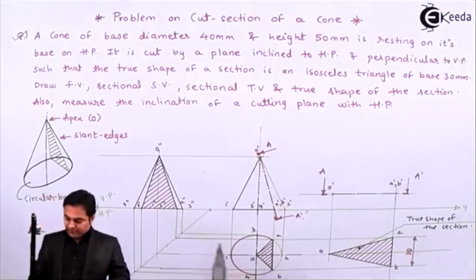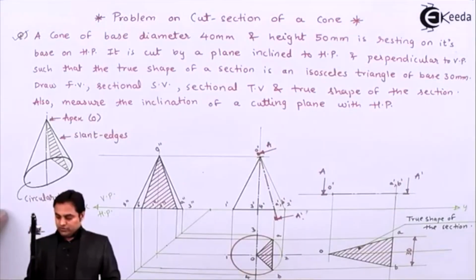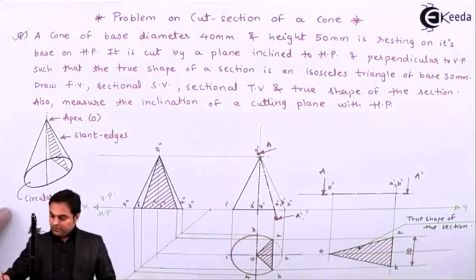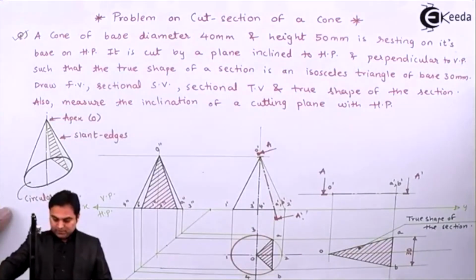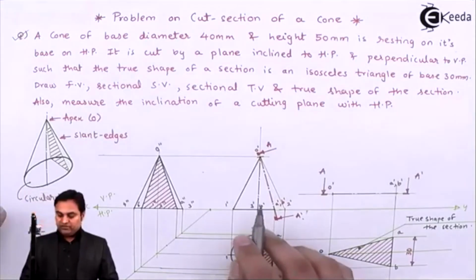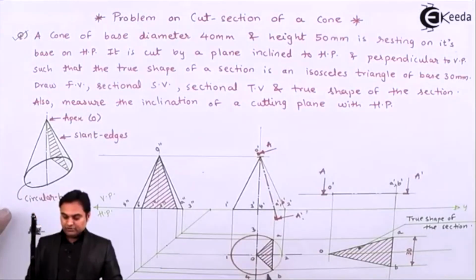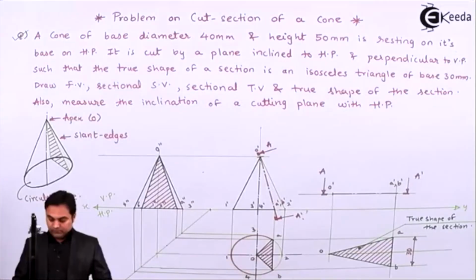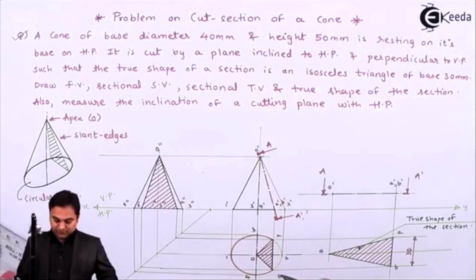So this is the side view in which we are seeing this triangle or a triangular face. Next, after completing this, we have already drawn the true shape of the section. Front view has been completed, even the sectional top view and your sectional side view. Next, I'll give the dimensioning to it.